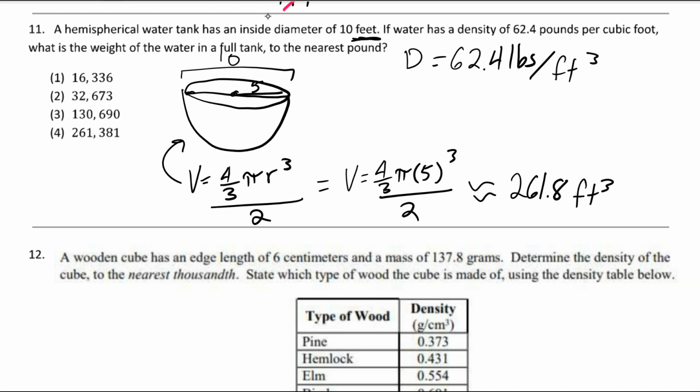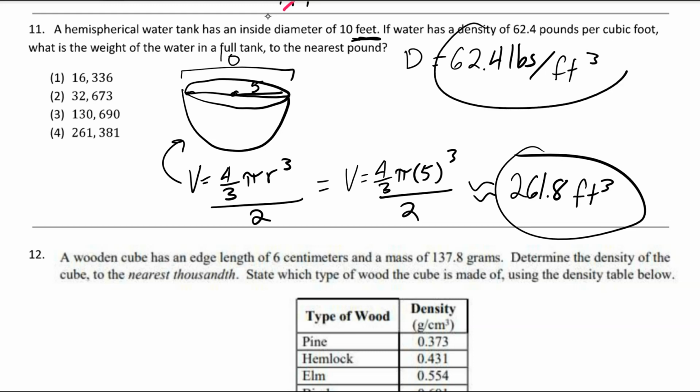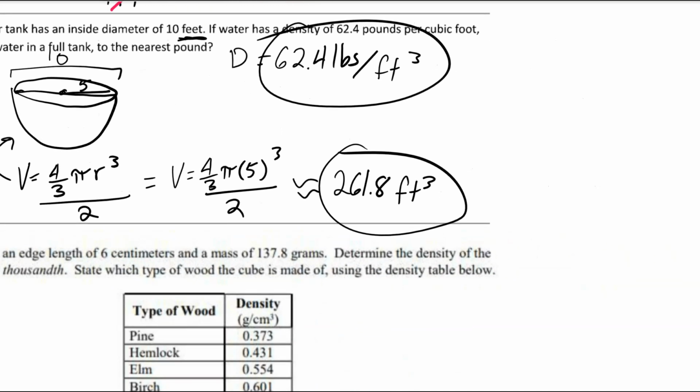again, because they gave me that diameter in feet. So if I wanted to figure out what the weight would be, I could multiply the volume by the density. One way to think about that is, again, we could see the units cancel. You might remember from earth science, you had a density equals mass over volume formula, which you always could use as well.